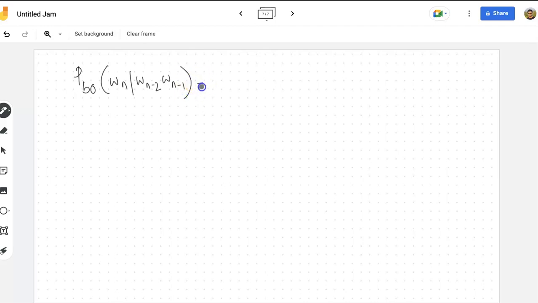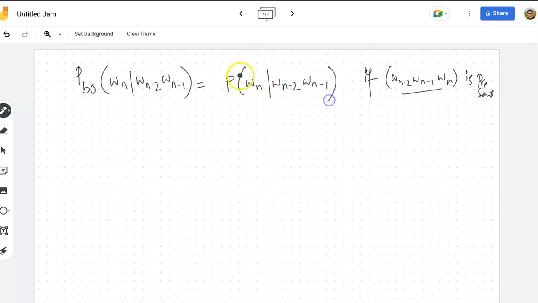Basically there is a condition: if the trigram Wn minus 2, Wn minus 1, Wn is present, then it will be the same trigram probability but with a discounting factor.